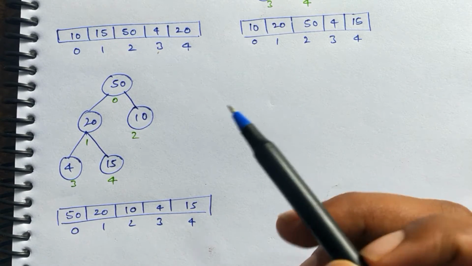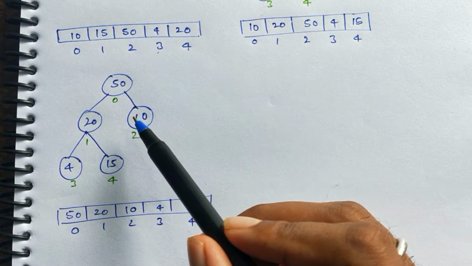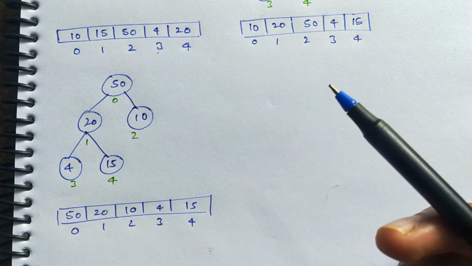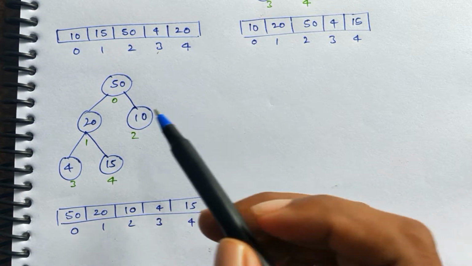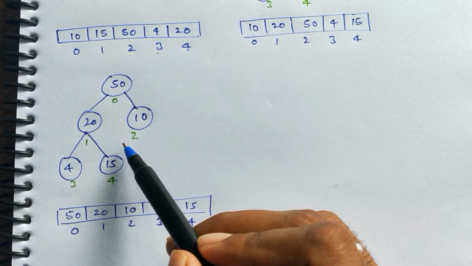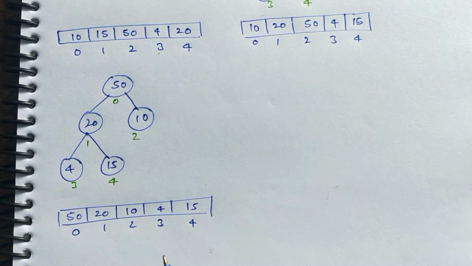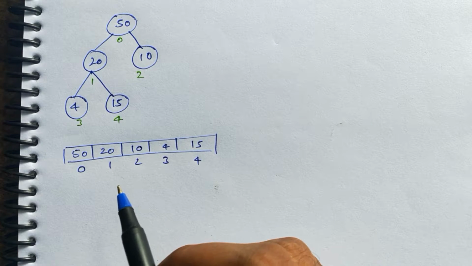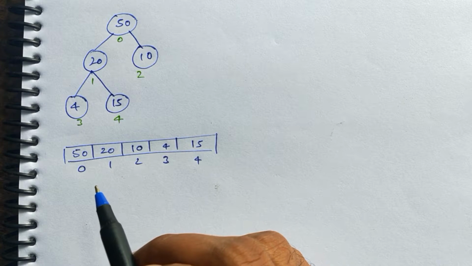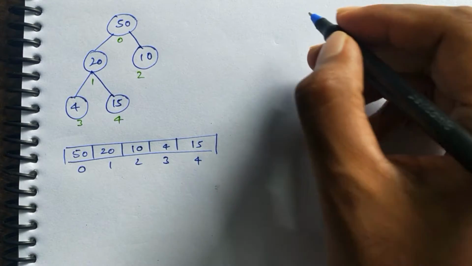Now I want to discuss how we can find out which node is the parent of which node and which node is the child of which node. In this pictorial representation we can easily find out, but for finding it in an array we will use a formula. These formulas will be used in code.